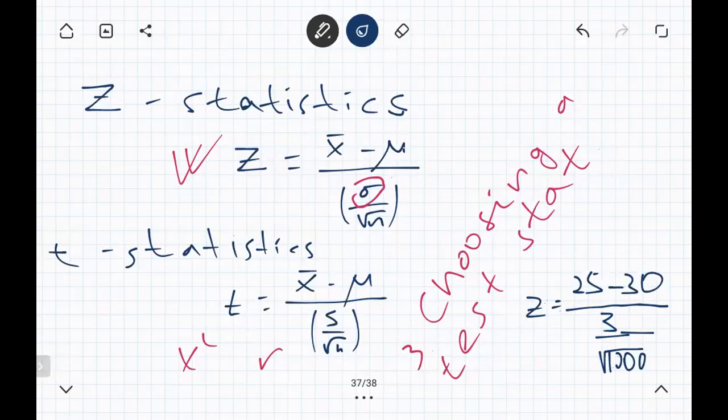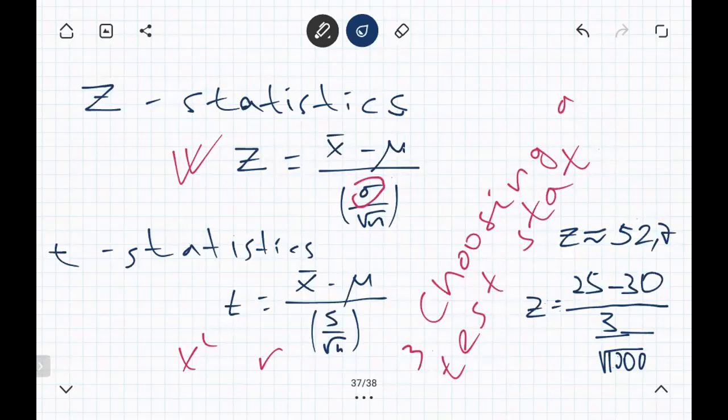So our Z statistics, or our Z score, is approximately 52.7 in this case.